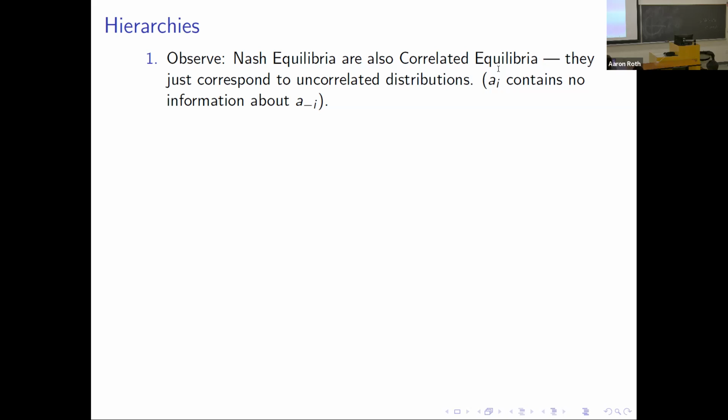Nash equilibria are correlated equilibria. They're just the special case where there's no correlation, right? If everyone is randomizing independently of one another, that does induce some distribution over action profiles. If I play rock, paper, scissors independently with probability 1/3, and you do the same, there's now a distribution over action profiles: we play rock-rock with some probability, rock-scissors with some probability, et cetera.